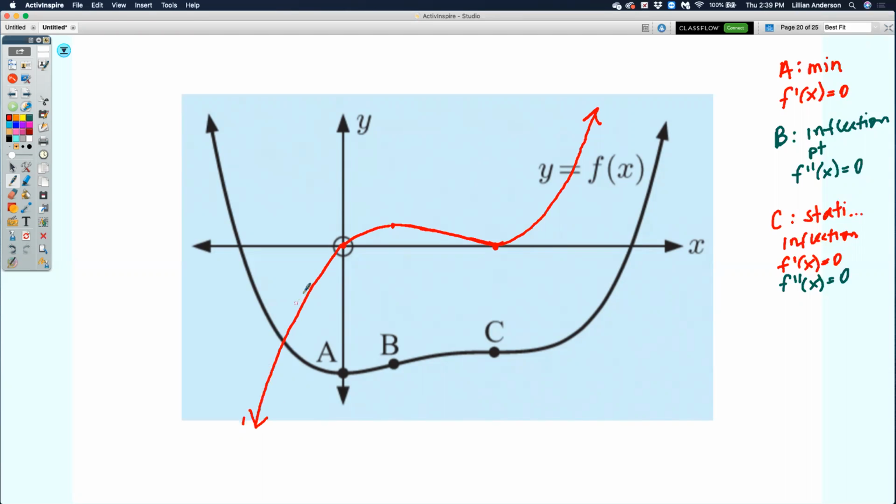Where the original function's increasing, your first derivative is going to be above the x-axis. Whenever your first derivative is equal to 0, you're going to have x-intercepts on your first derivative. And if there are any inflection points on your original, there's going to be some extrema on your first derivative.